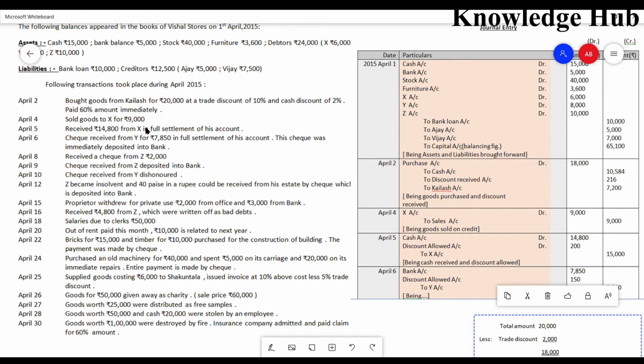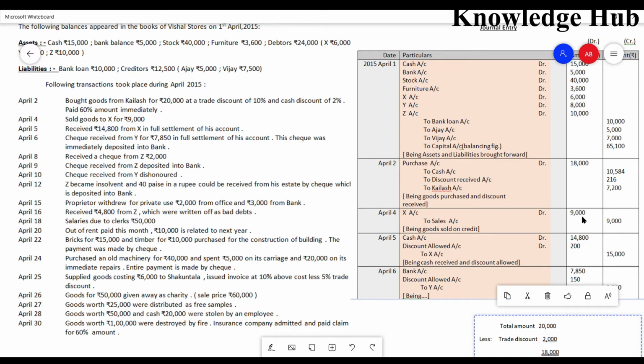So let us first determine what was exactly due from him. If we look, in the first transaction, X showed a debit balance of rupees 6,000. Later, we again sold him goods worth rupees 9,000. So X was showing a total balance of rupees 6,000 plus 9,000, that is 15,000.